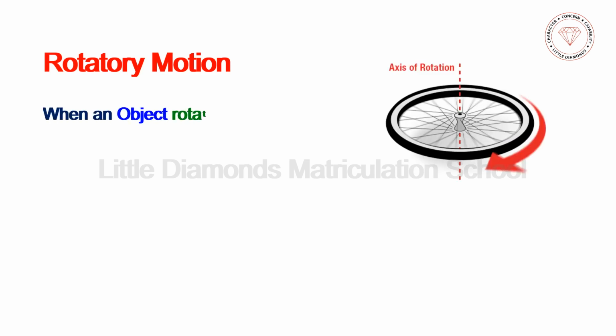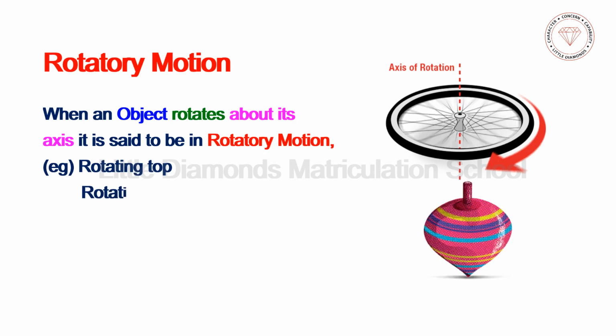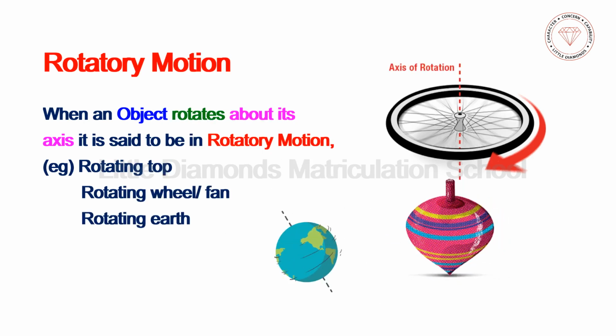Rotatory motion. When an object rotates about its axis, it is said to be in rotatory motion. Example, rotating top, rotating fan, wheel, earth, etc. Oscillatory motion.